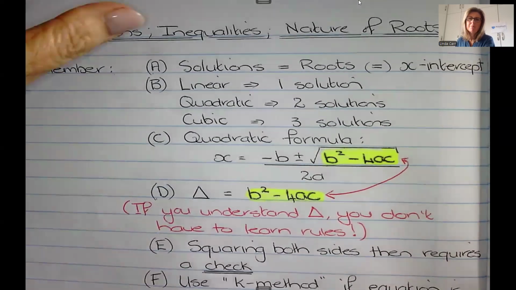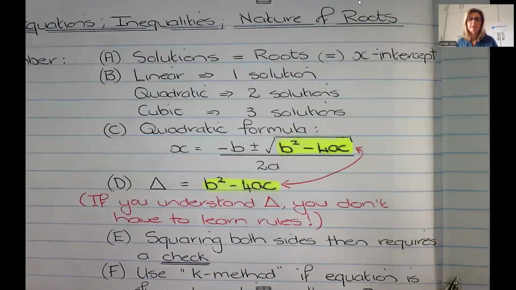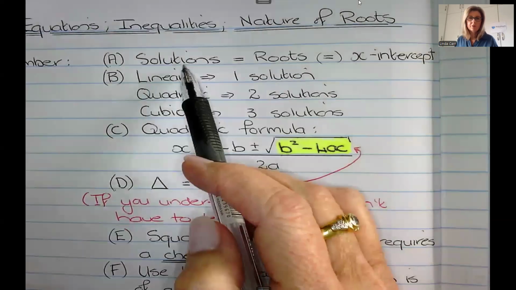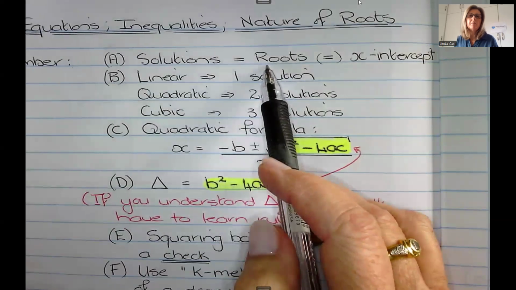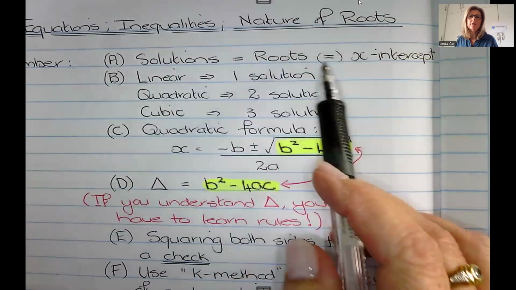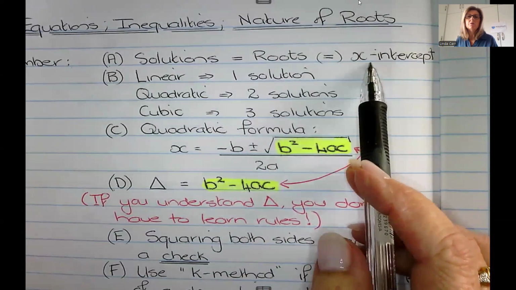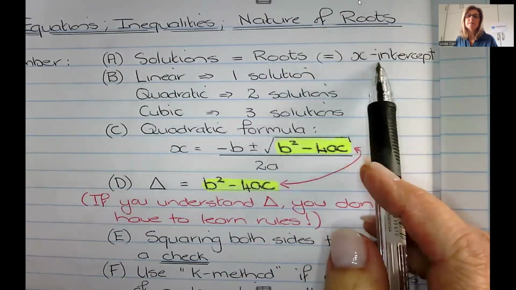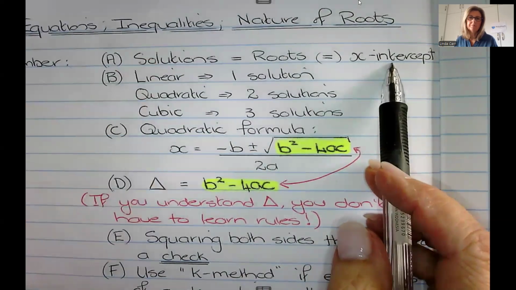All right, there's a lot of remembers here. I'm going to just run through them quickly. Obviously, when we look at solutions for an equation, just remember that we are also thinking about the roots of an equation. And if we're talking about a quadratic equation or a linear equation, even a cubic, then we could also be talking about the x-intercepts of the graph when we are solving an equation.